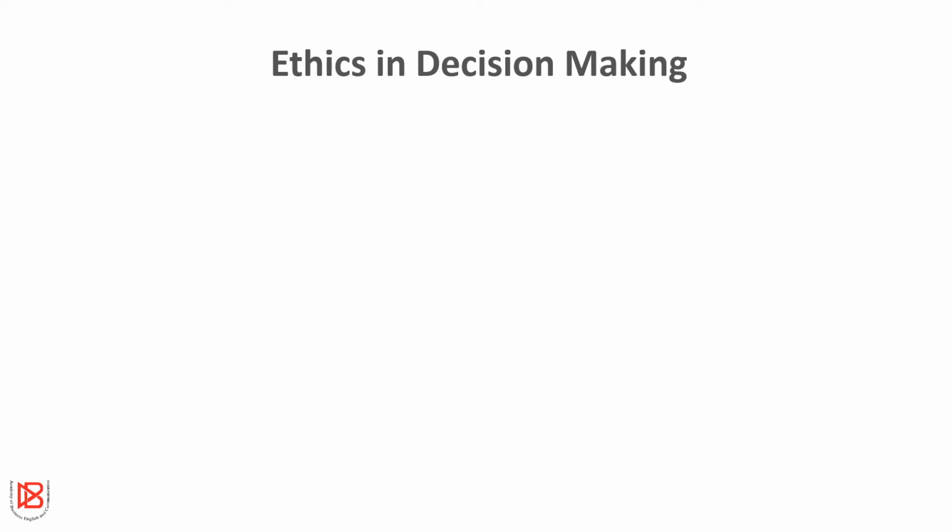So, ethics in decision making. Let us try to understand the various ethics that come across while making decisions. Many a time, decision making becomes difficult not because of the outcome, but because of the way you are achieving your outcomes, right? So, for example, I want to come first in the class. One way to come first in the class is to study hard, work hard, and come first.